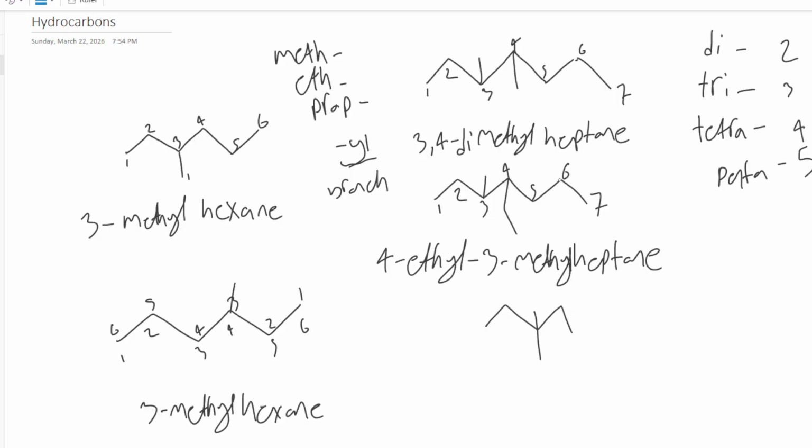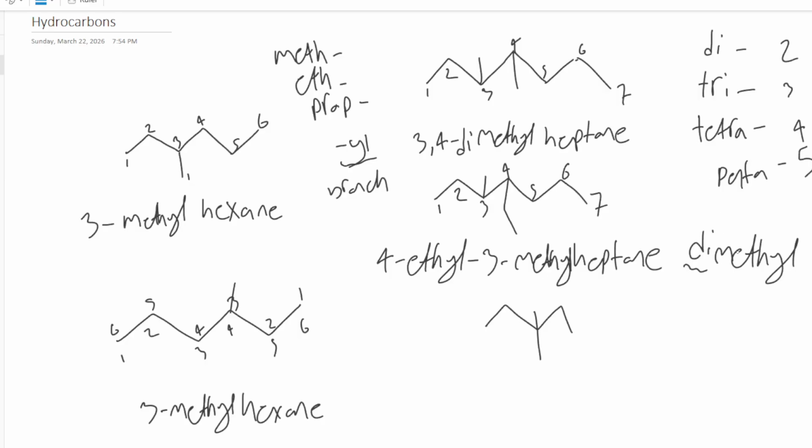Now please note that if you have, for example, multiple methyl branches, like say you have 2 methyl branches and the second one is somewhere else in this chain, right? You would write dimethyl. Just because it is a dimethyl does not mean you will use this di in the alphabetical ordering convention. The di or tri or tetra or penta or whatever prefix is not accounted for whenever you're doing the alphabetical ordering.